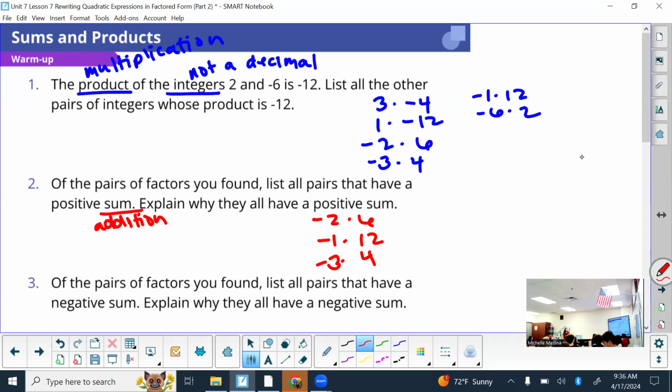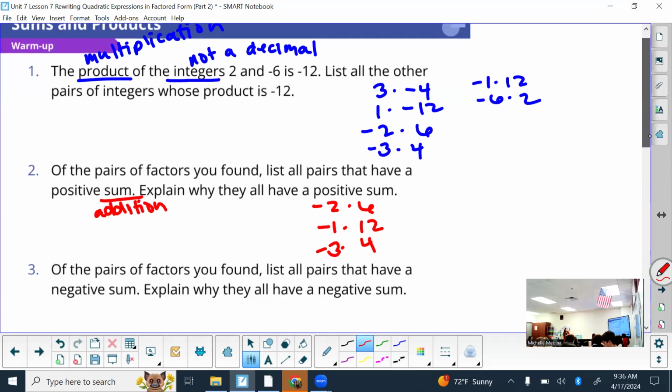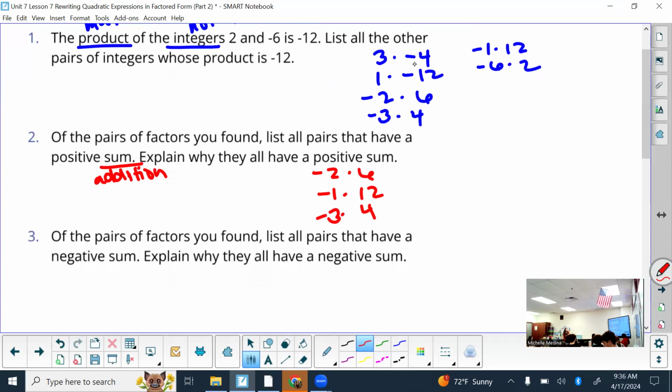Okay, so then the next question is, of the pairs of factors you found, so like my list in blue, which ones give me a negative sum? So table 2, sorry, no, which ones would give me a negative sum? Good, negative 12 and 1, table 3 and the others.